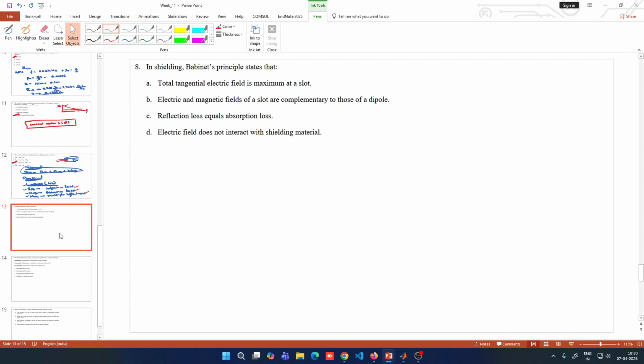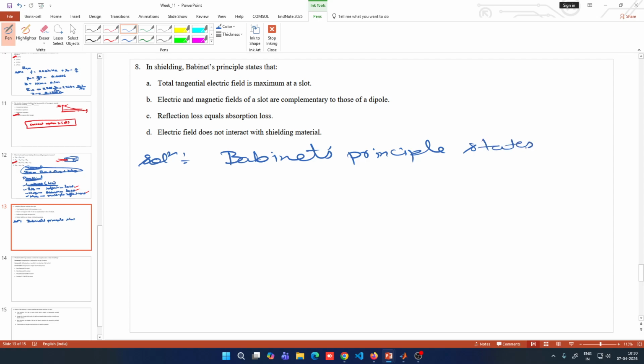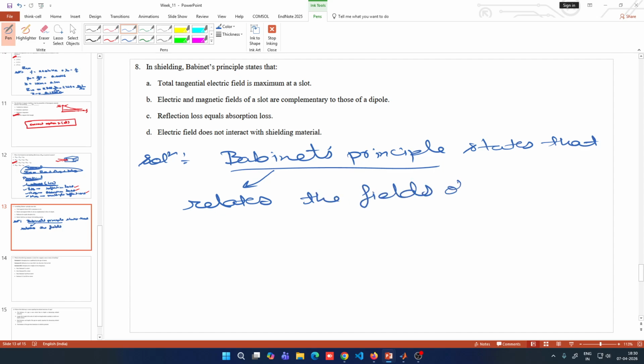In shielding, Babinet's principle states that... So Babinet's principle relates the fields of apertures to those of complementary dipoles.